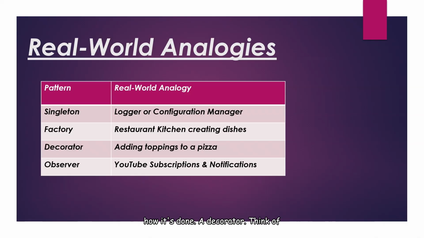A decorator, think of it as customizing your drink. Base coffee plus add-ons like milk, cream, and flavor shots. And the observer pattern is like YouTube subscriptions. You get notified when your favorite creator uploads a new video. Using analogies helps us internalize these abstract ideas more naturally.